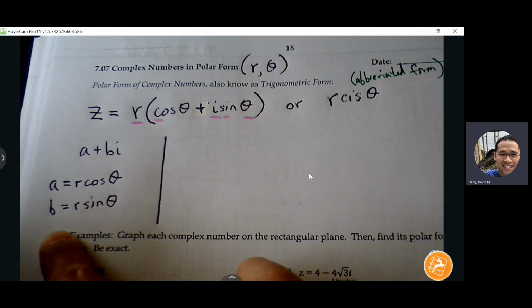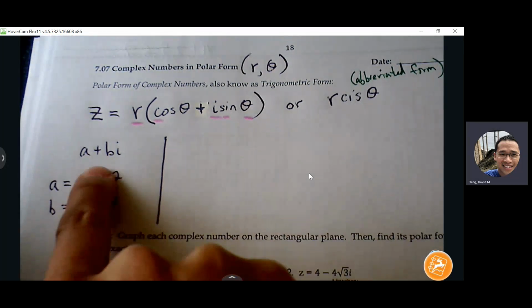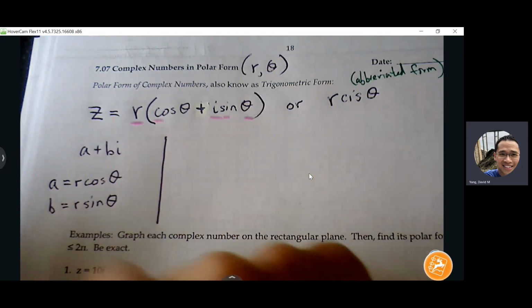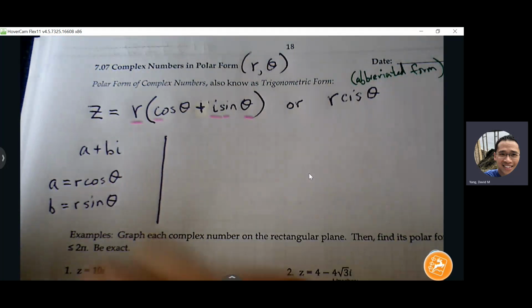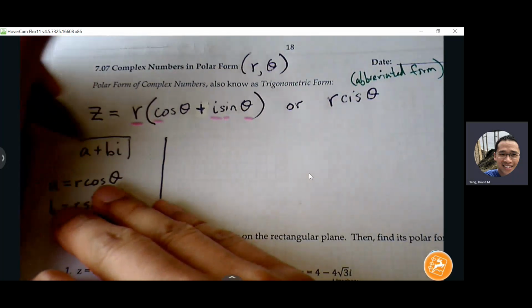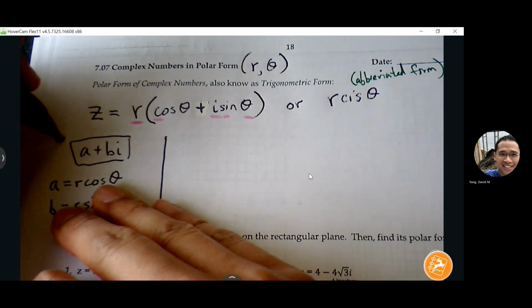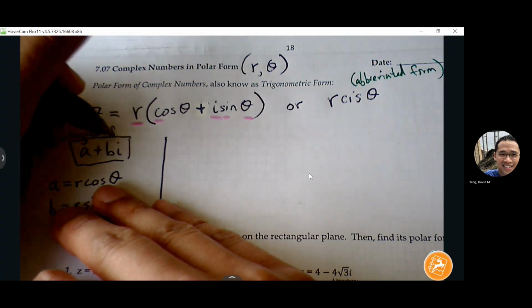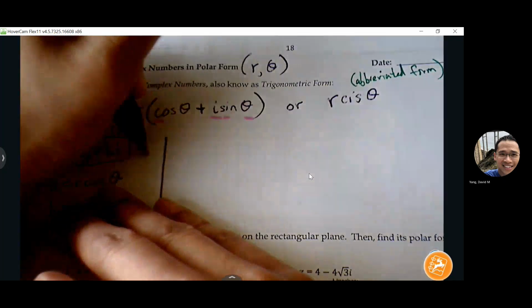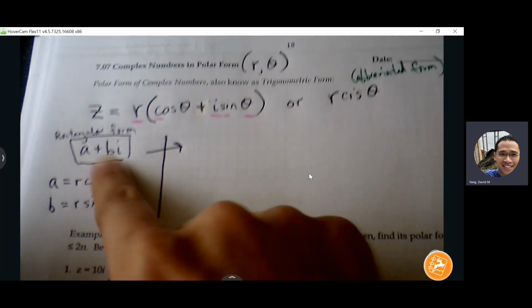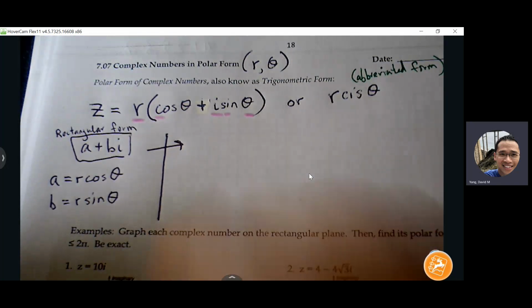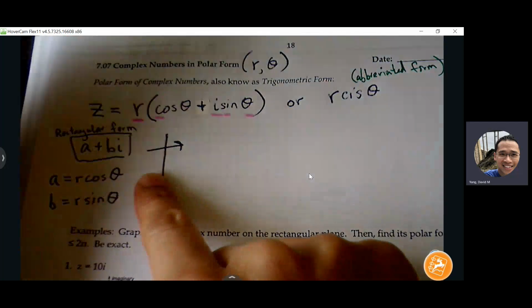And if I have the radius, or if I have a and b from rectangular form, I can get it into polar form by using Pythagorean theorem and inverse tangent. So this is rectangular form. If I want to find R and theta, just like from the previous units, we can use Pythagorean theorem and inverse tangent.